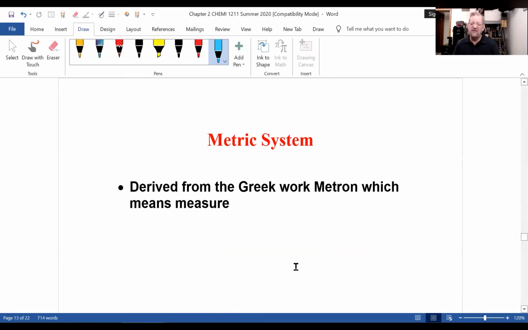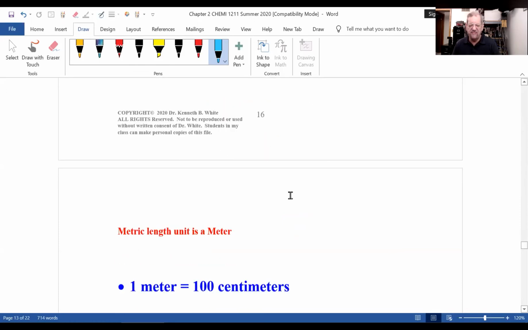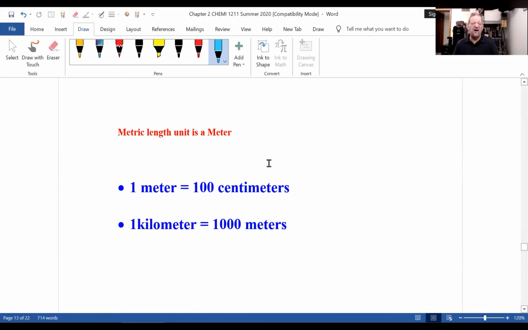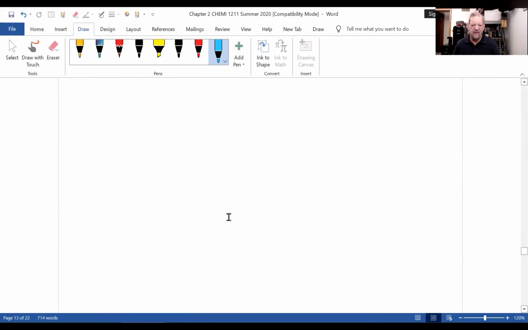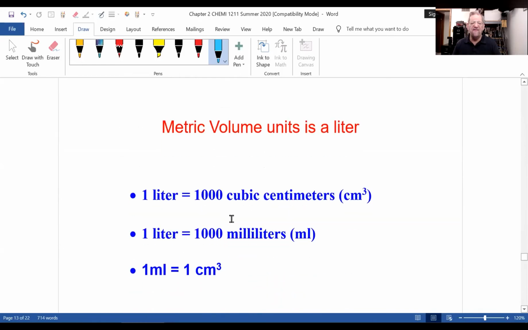And the metric comes from the Greek word metron. I don't speak Greek, but I've read that in books. And when we talk about length, the key length is the meter, which is 100 centimeters. A kilometer is 1,000 meters. Volume, and we'll talk more about this when we get into solutions, which I'll teach you what a solution is.